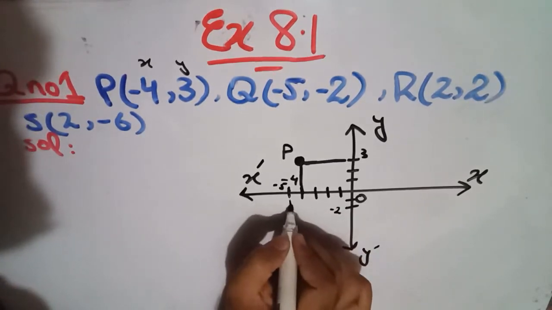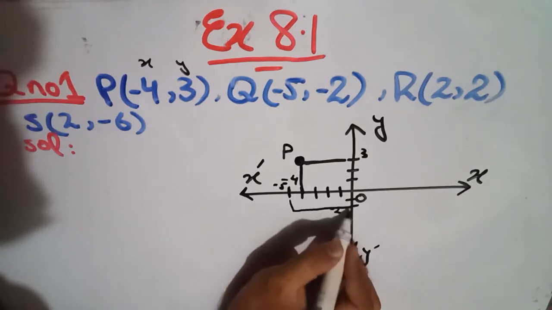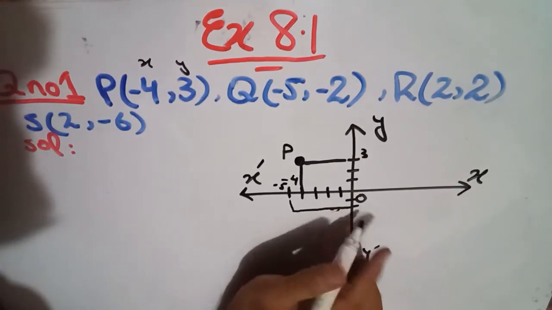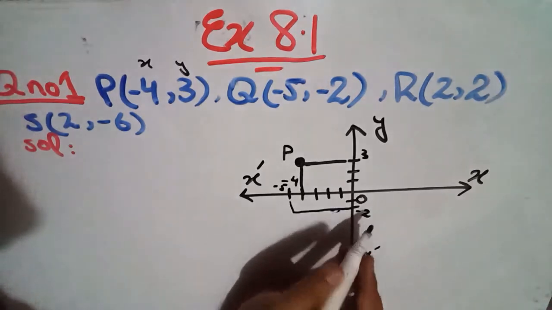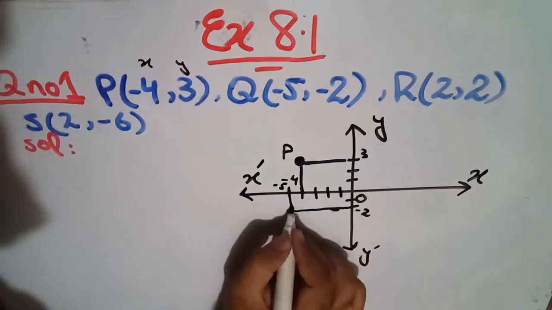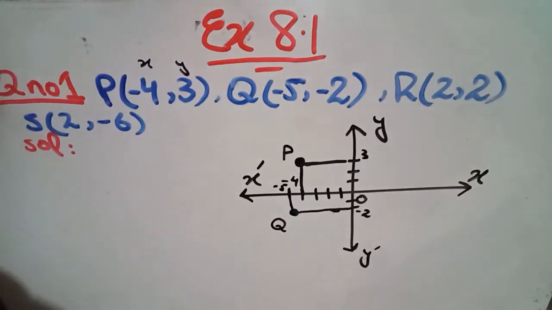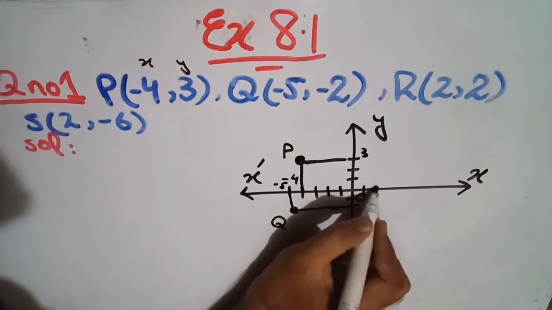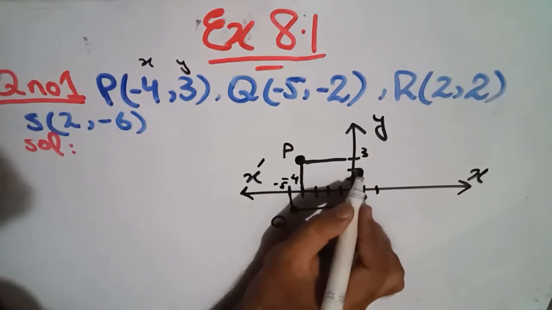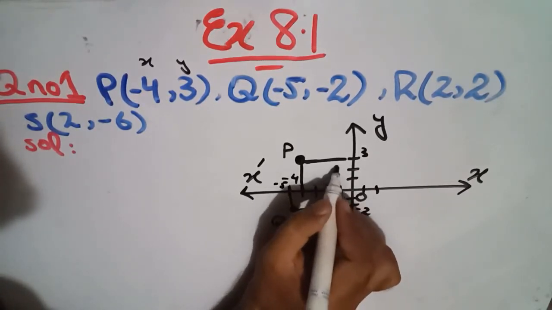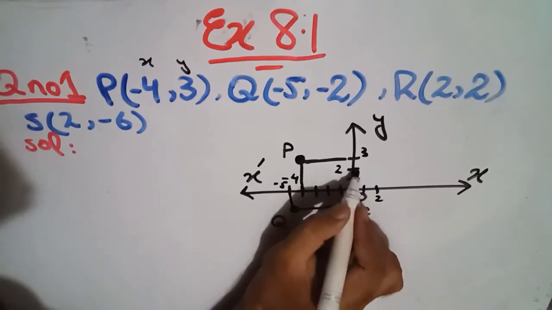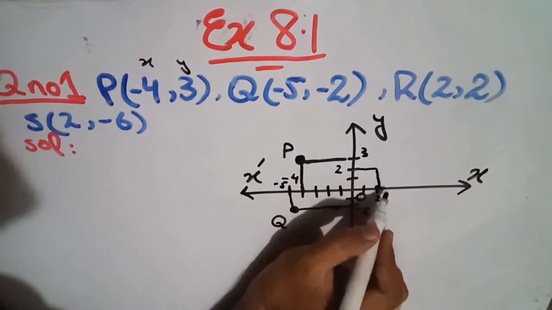So you can just represent it like that. There you have q. Okay, now r2 2, the value of x is 2 and the value of y is 2. So there you have 1 and 2, also 1 and 2. So this is 2 and this is 2. So you can just represent it like that.